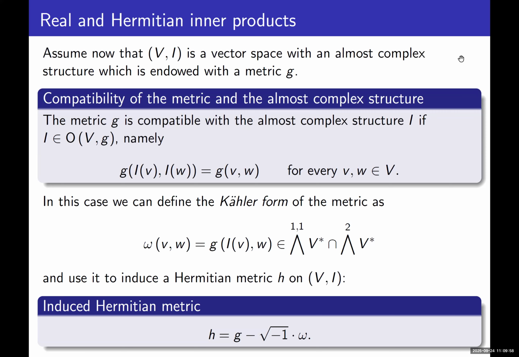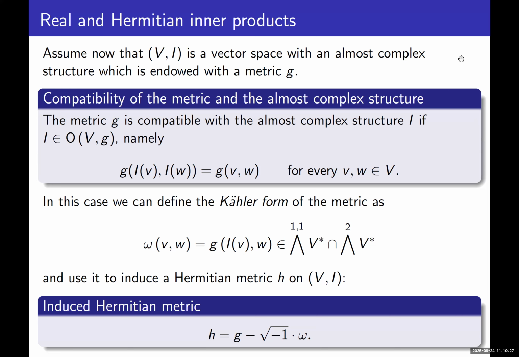If this is the case, we can produce in a very standard way a form called omega, which is g where the first entry is twisted by I. We compute not g(v,w) but g(Iv,w), which turns out to be of type (1,1) with respect to the type decomposition induced by I.